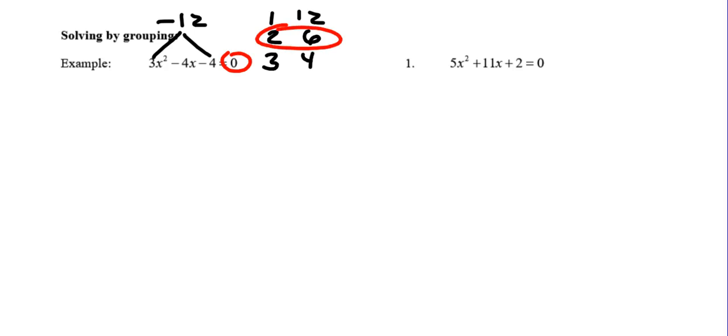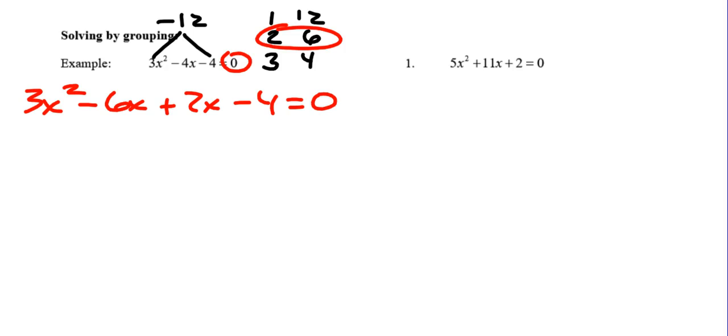So we're going to rewrite this as 3x squared minus 6x plus 2x minus 4 equals 0. All I did was rewrite the middle term into those two terms. Now I'm going to group it.